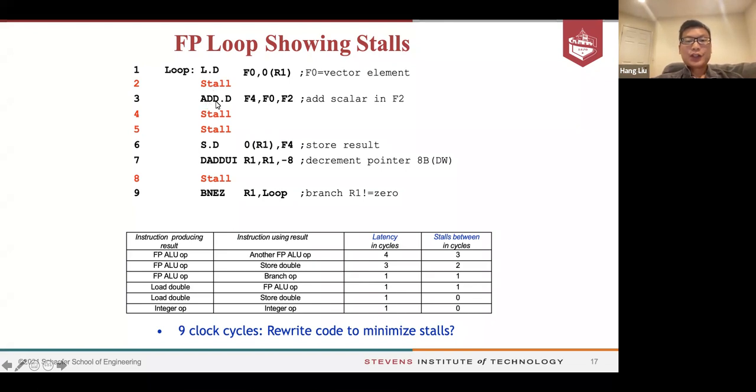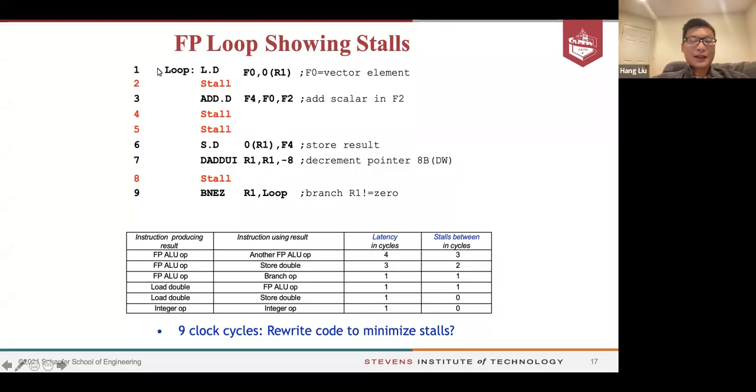And then we do the addition. For a floating point operation producing a result for a store, there are 2 stalls, so we have 2 stalls here. Then a floating point operation providing a result for a branch instruction has 1 stall, so we have 1 stall here.